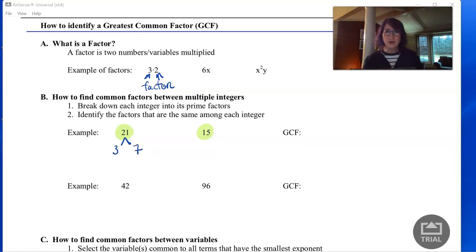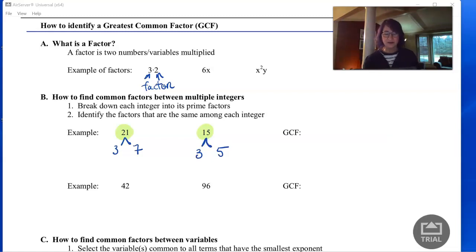3 and 7 are what we call prime factors because you can't break them down any further except into 1 times that number. 1 times 3, 1 times 7. That's all you can multiply to get 3 and 7. So that's why we say those are prime. Now for 15, we can do 3 times 5.